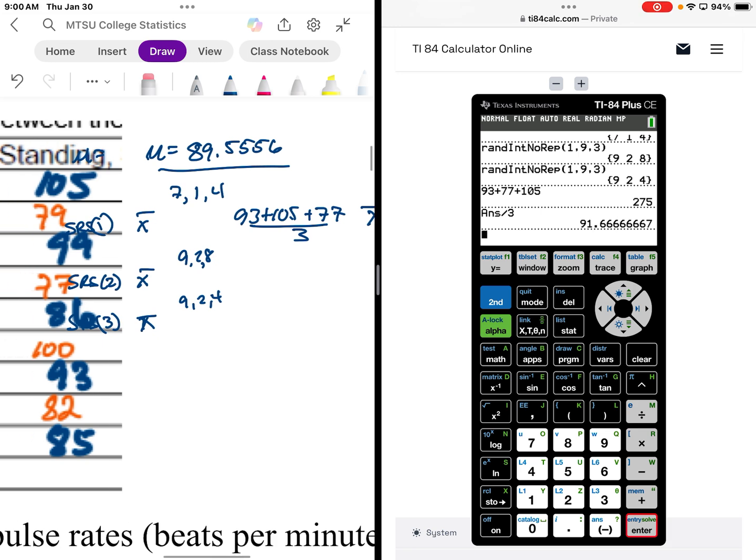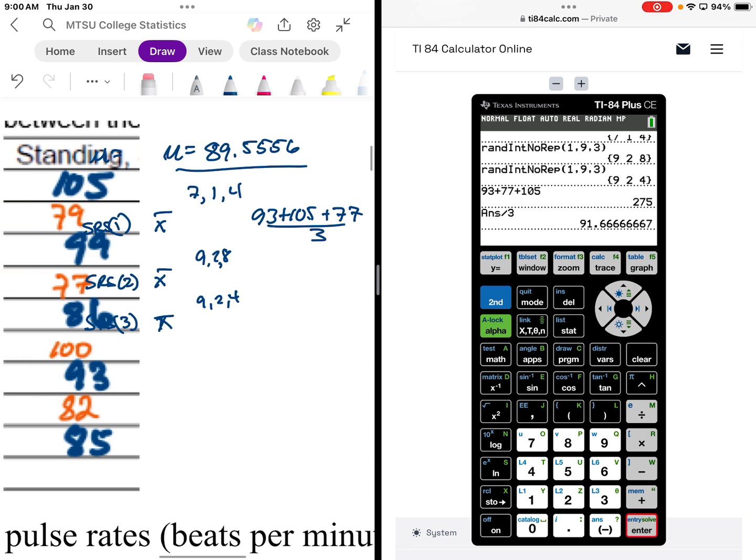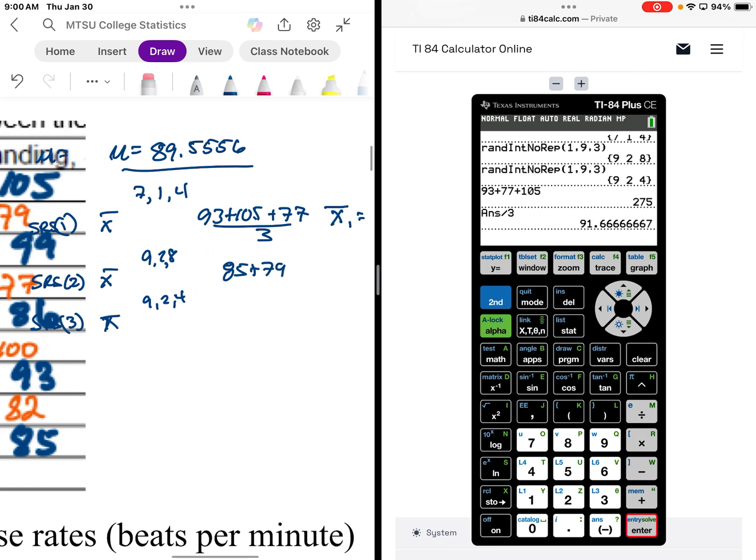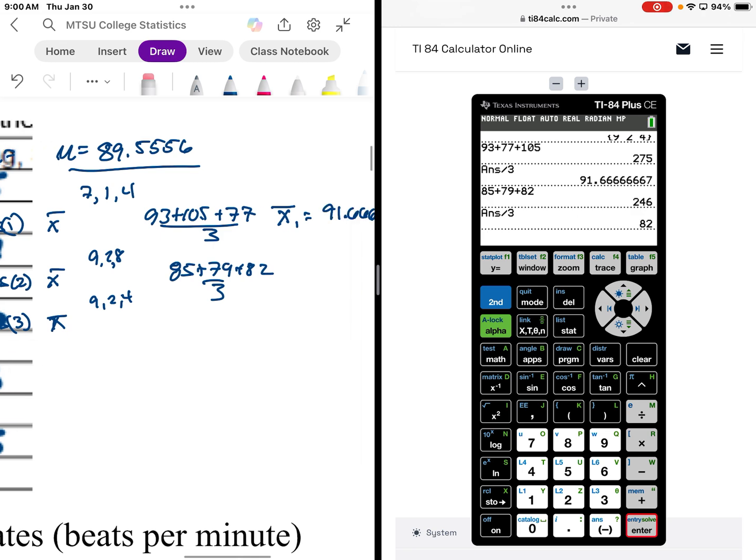My second sample was 9, 2, and 8. So 85 plus 79 plus 82. Sorry, didn't put that 2 there. 82 divided by 3 would be 82.